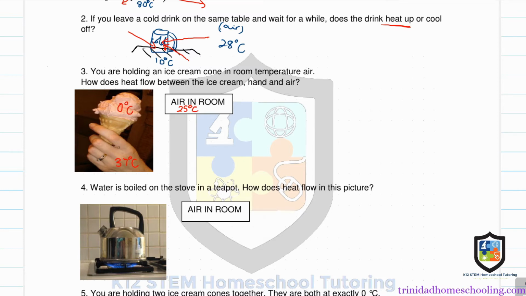Our heat would move from the area of higher temperature, which is my hand, into the ice cream, from the cone to the ice cream, okay? And the hot air in the room will move to the ice cream. Heat will also leave your hand and go into the air because my hand is hotter than the temperature in the room.